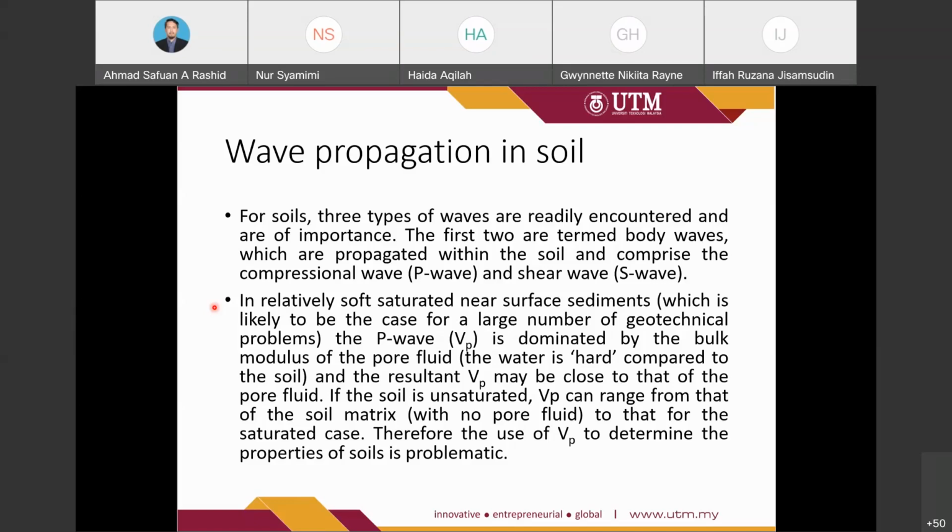Therefore, the use of VP to determine the properties of the soil is problematic. So the P wave is not proper to be used under the unsaturated condition.